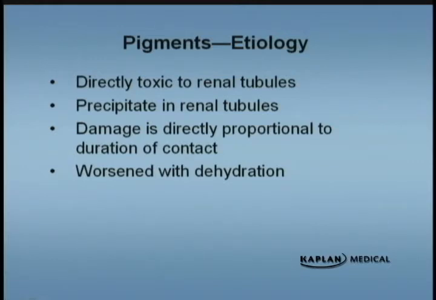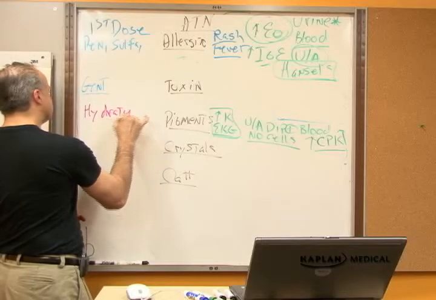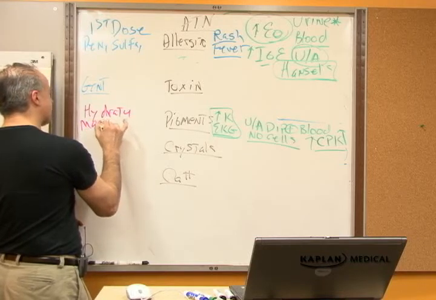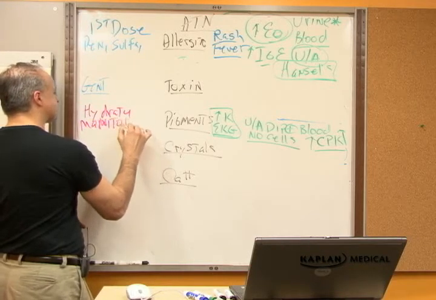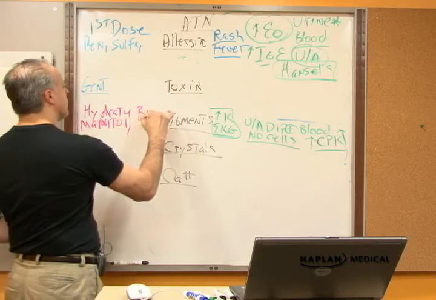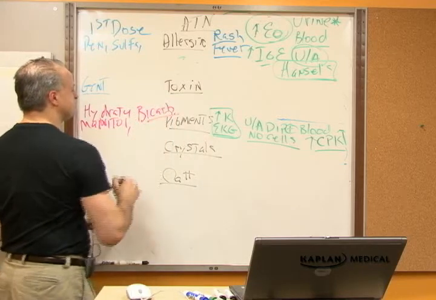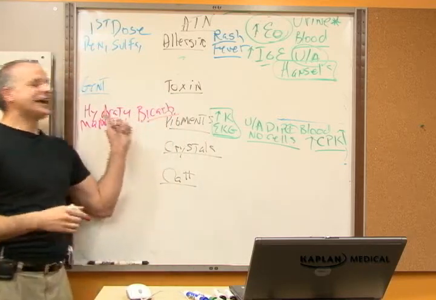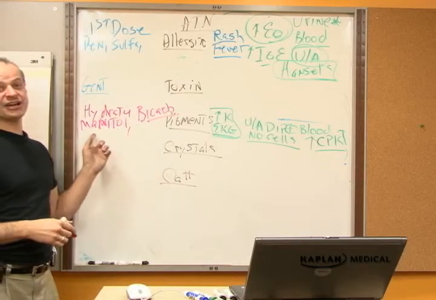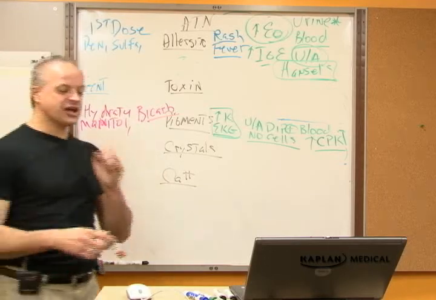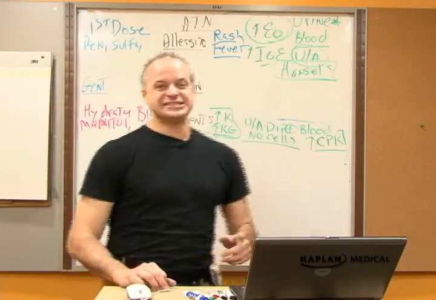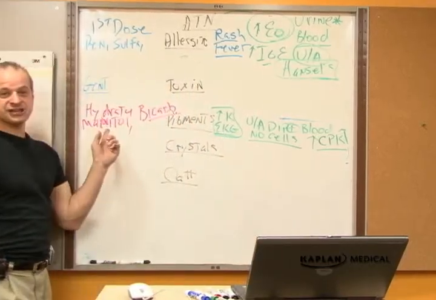In terms of the amount of time that toxin is in contact, that's why the treatment for rhabdomyolysis is to hydrate the patient, give mannitol and osmotic diuretics, and bicarb. Bicarbonate prevents the precipitation of the pigments in the tubule. Hydration and mannitol as an osmotic diuretic decrease the contact time.